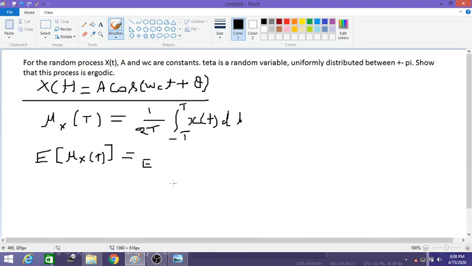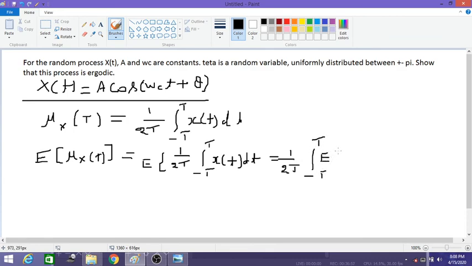So the ensemble of this, we have 1 by 2T into integral of minus T to plus T, then we have our x of t into dt, which is equal to, 1 by 2T is a constant, we'll take it outside, integrate with respect to small t, then the ensemble of this x of t into dt.